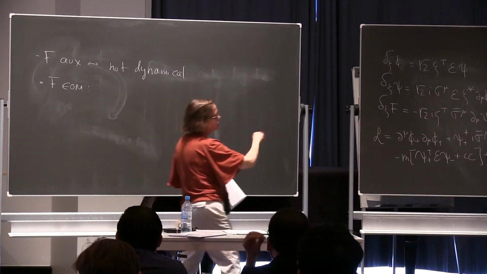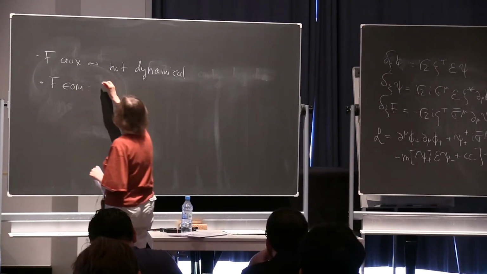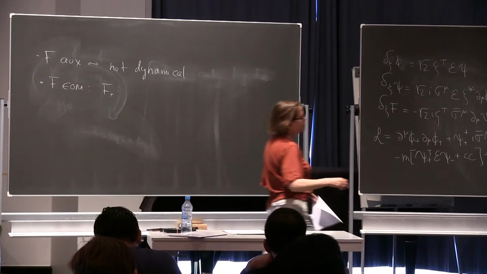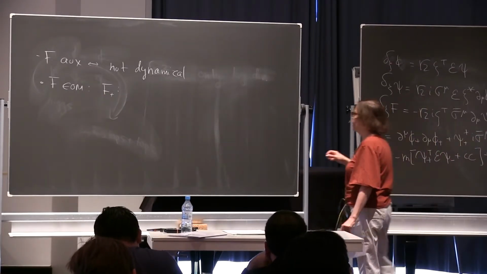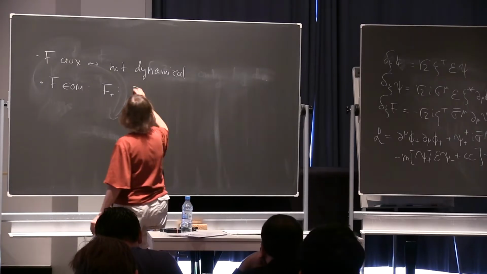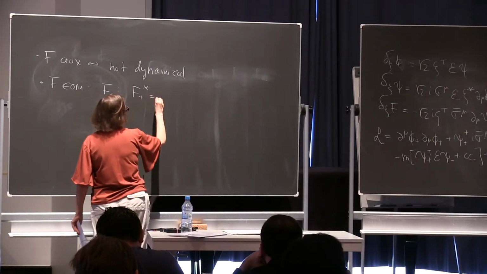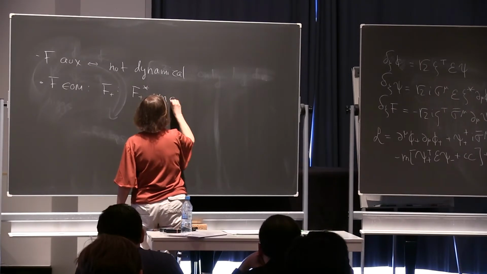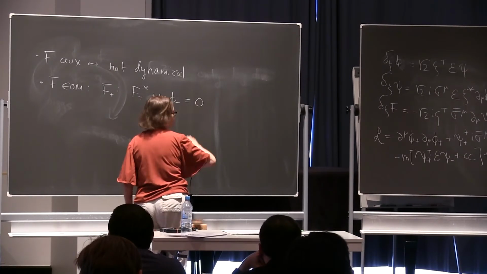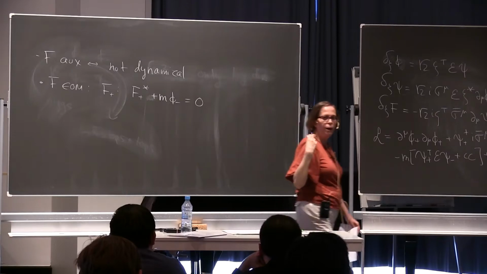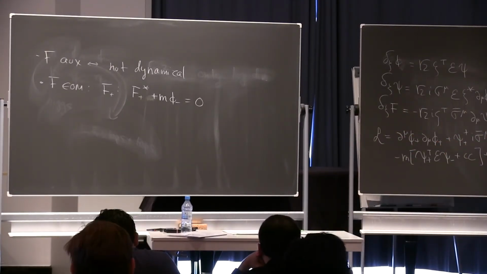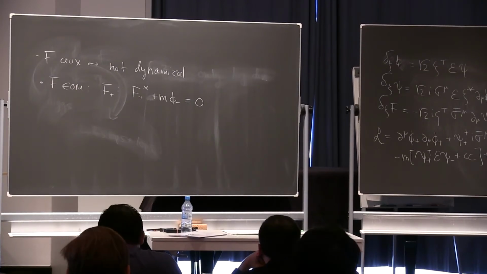For example, for F plus, if I impose the equation for F plus, then it tells me that F plus star plus M phi minus equals 0. And I can go back and substitute that into the Lagrangian, and I will recover the same Lagrangian that I had before.